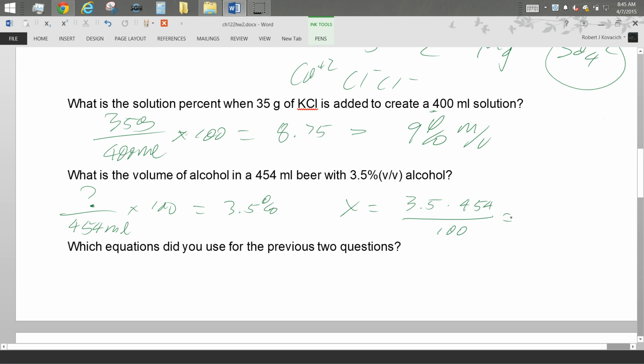And so 3.5 times 454 divided by 100, I get 15.89, so about 16, no, not percent, milliliters. So about 16 milliliters. So this 454 milliliter beer, only 16 milliliters of it are actually ethanol.